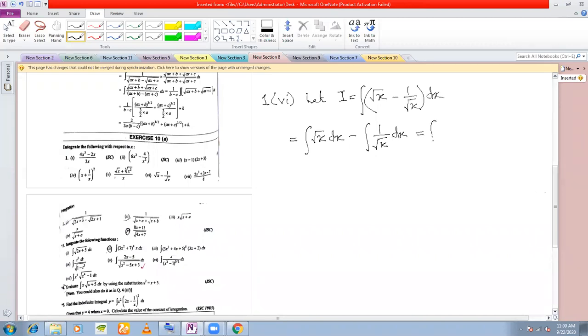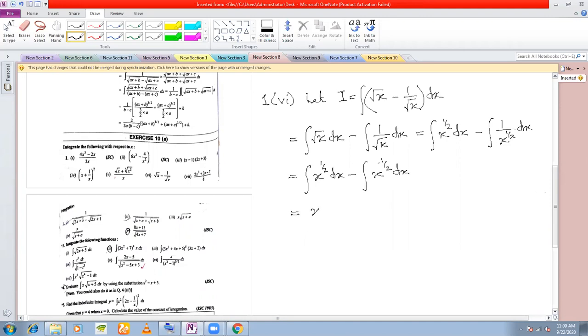So integral root x means x to the power of half dx, and integral 1 by root x means 1 by x to the power of half dx. So this means integral x to the power of half dx minus integral x to the power of minus half dx.